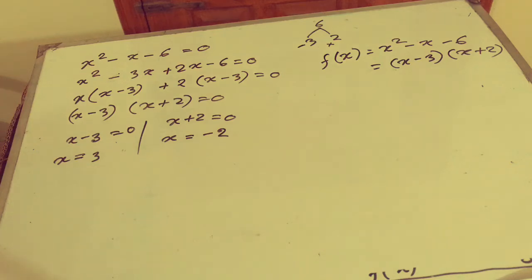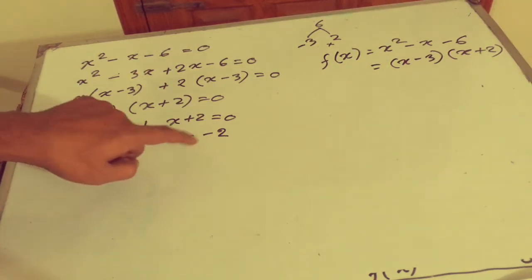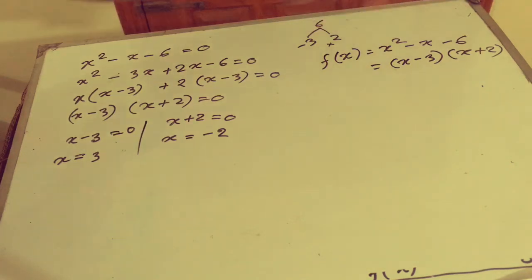Multiplicity I will add in a while. So x equals 3 means if we put this in the given function, then the function becomes 0. And if we put x equals minus 2 here, then our function also becomes 0. You can put any other number, and it will not be 0. It will be something else, but the function will not be 0.